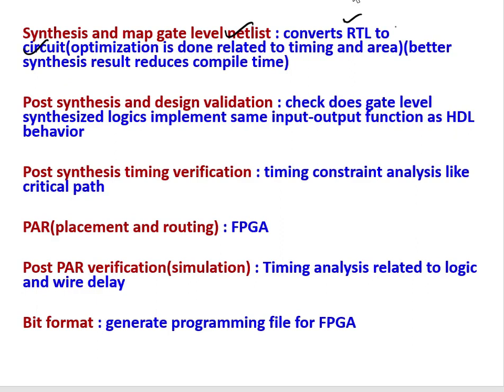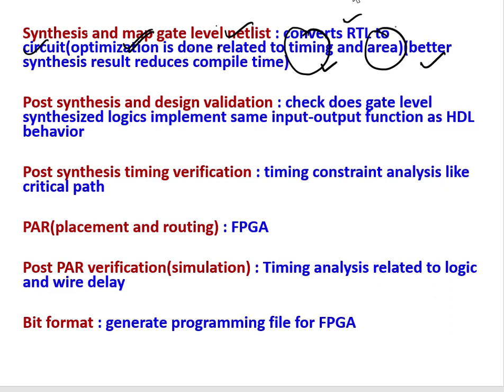And it is done by tools. What we do here is optimization, and that optimization is timing optimization and area optimization. And why are these steps done, the synthesis and map gate level netlist?